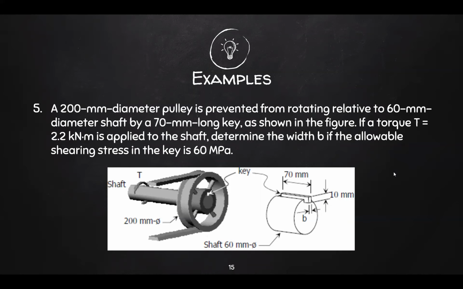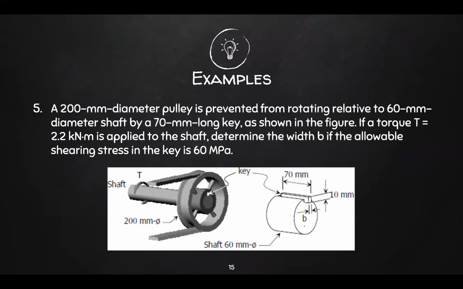Okay, so to explain what's happening, you have this pulley, right? This pulley should rotate. Rotation would be due to the torque applied on this shaft. However, it's prevented from rotating because of this white key over here. Okay, and this key has the following dimensions. It's 70 millimeters long, 10 millimeters height, and we're looking for this thickness b.